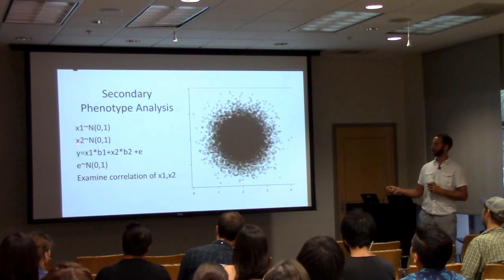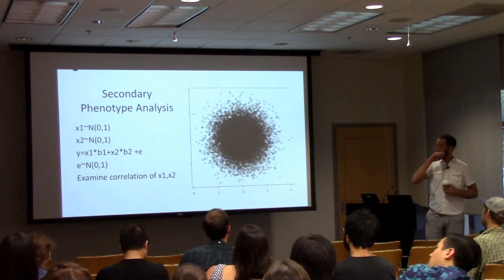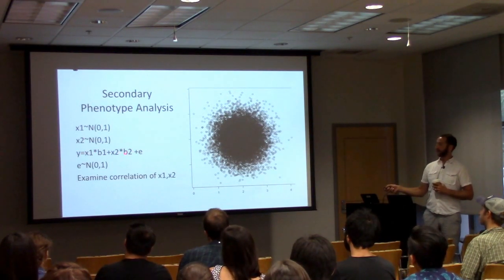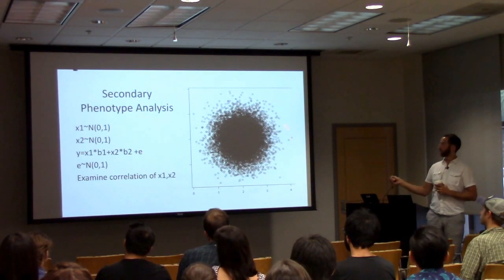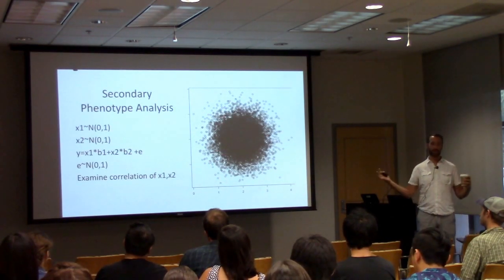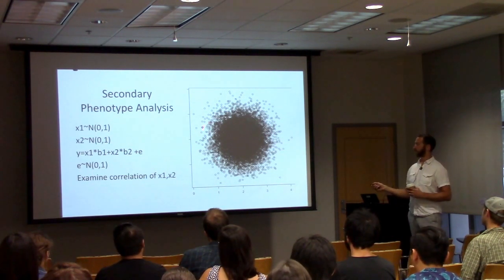So let's consider two variables, x1 and x2, that are normally distributed. And we'll make a model for y, which is x1 beta 1 plus x2 beta 2 plus epsilon. So if we plot x1 against x2, we get this nice round, multivariate normal with no covariance structure whatsoever, right?